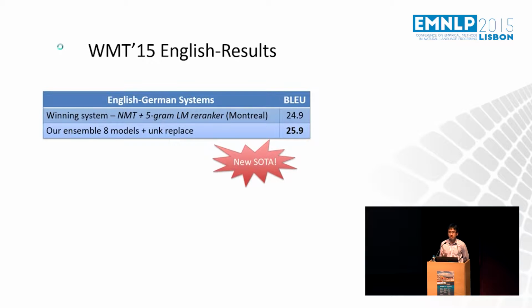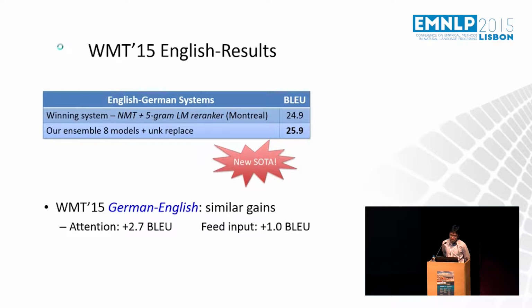And this is 1 BLEU point better than the Montreal system, which won the competition just this year. And that system had both the neural machine translation components as well as a 5-gram language model reranker. So I think this is really encouraging. And when we test our system in the other direction, from German into English, we get similar results again with attention and feeding input.